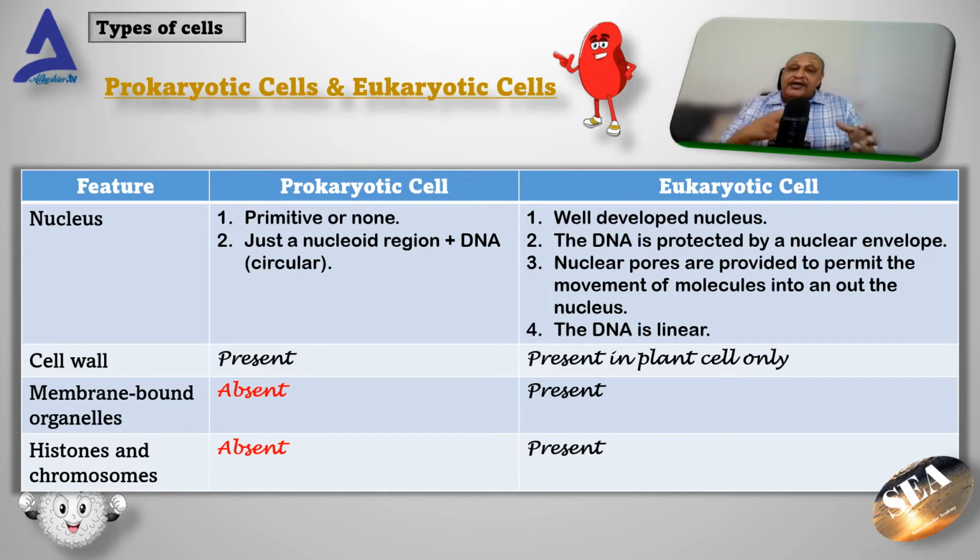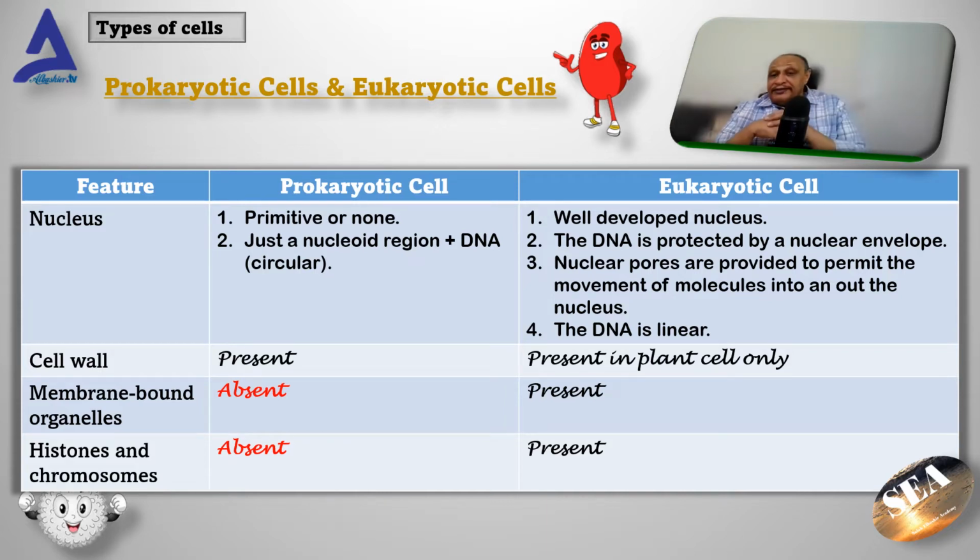That means these are the cells that contain a real and true nucleus. Based on this and other criteria, we divide cells into prokaryotic cells and eukaryotic cells. So this classification is mainly based on the development of their nucleus.